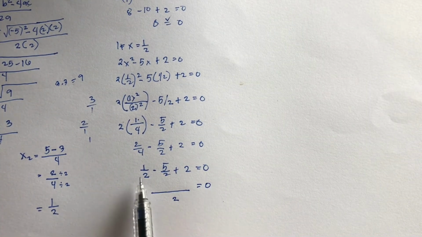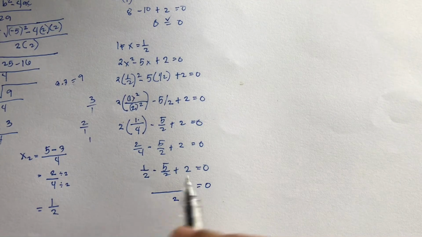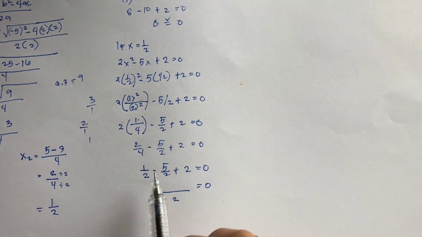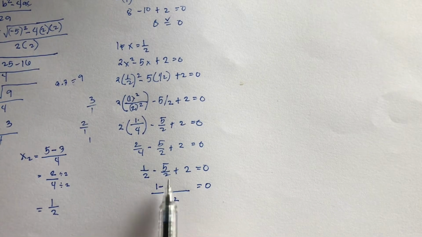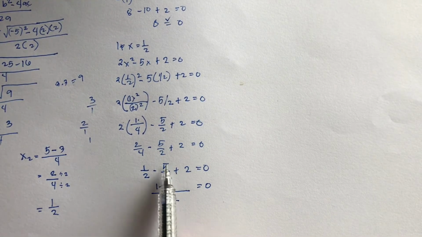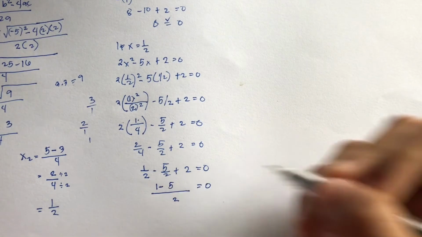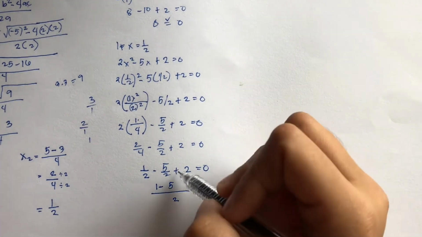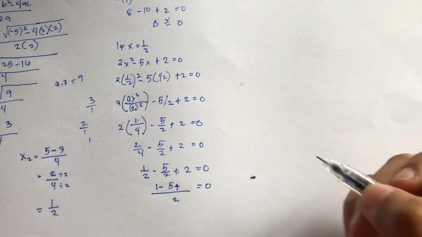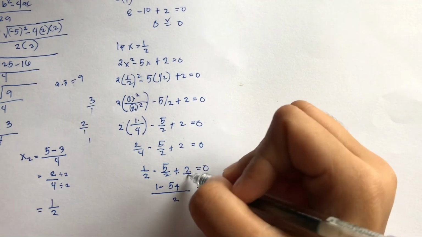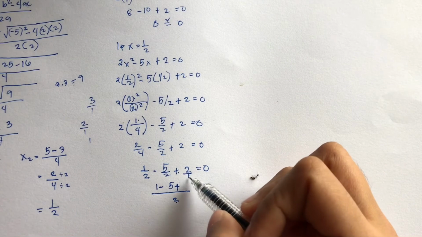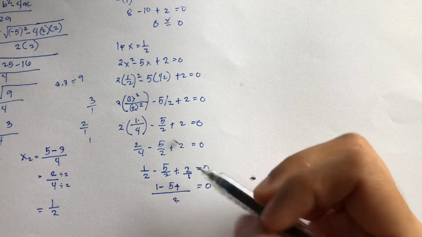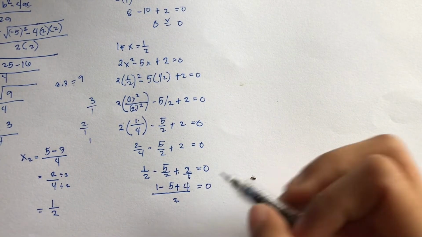So 2 divided by 2, that's 1. Times 1, we have 1. Copy the operation, that's minus. 2 divided by 2, that's 1 times 5. So we have 5. Now, copy again the operation, that's plus. 2 divided by 1, since the denominator is 1 because it's a whole number. 2 divided by 1, that's 2 times 2, that's 4.